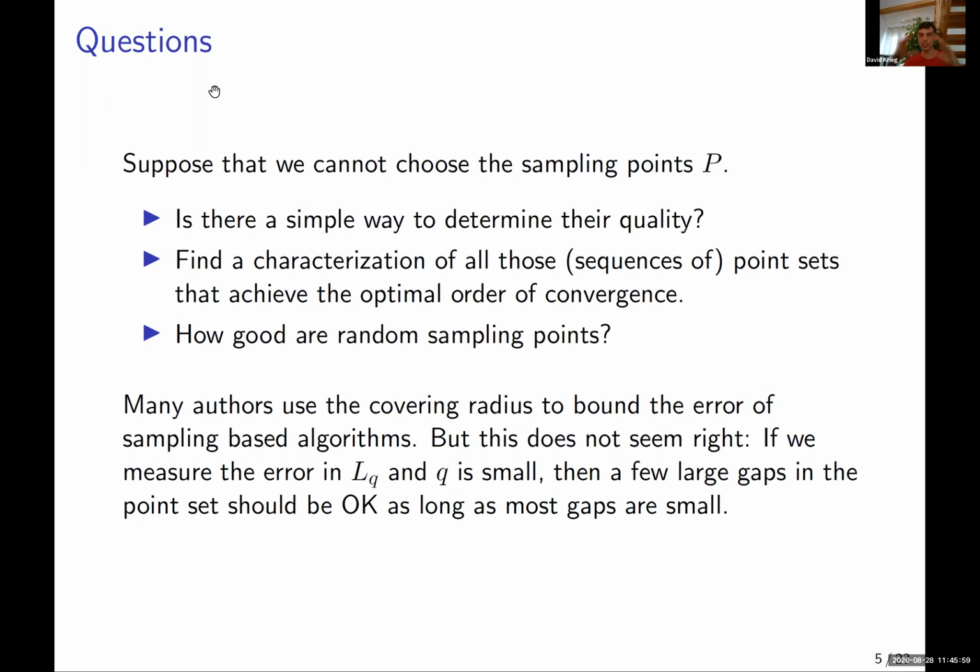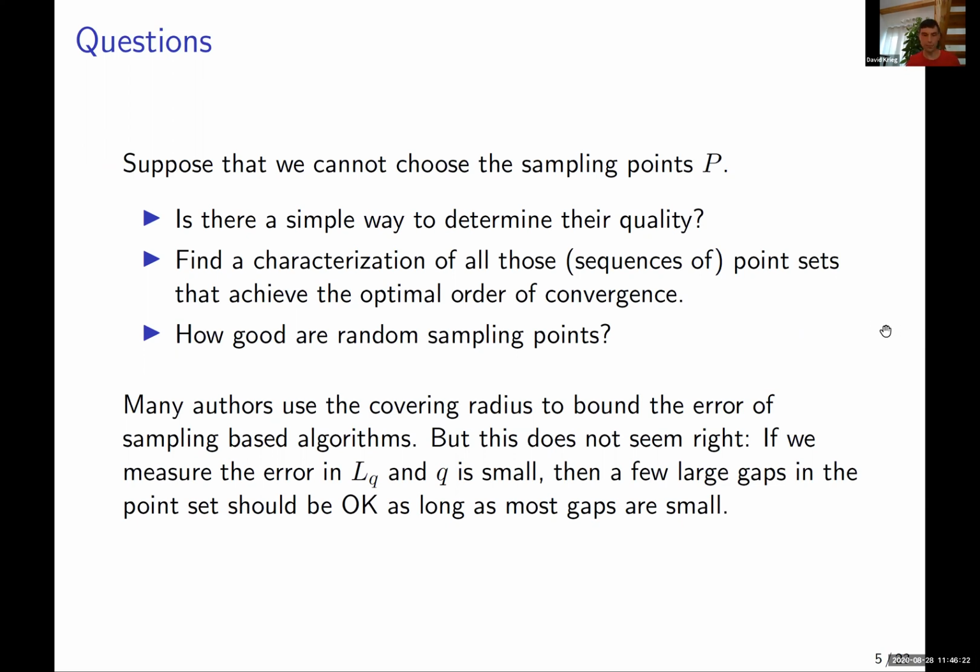Because if there is a larger gap at some point, then this should somehow mean that in this area you maybe make a little larger error, but as you average over the whole domain in L1, then this should not be so important that you make this error in the small area.